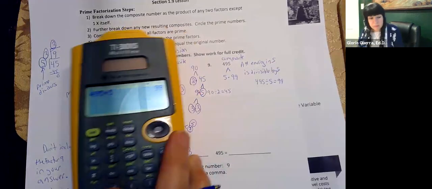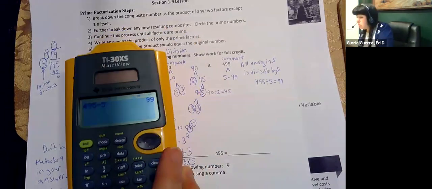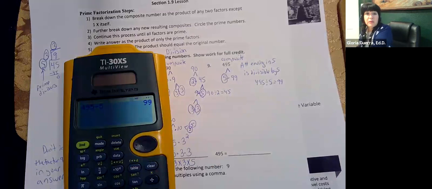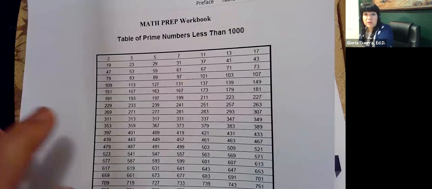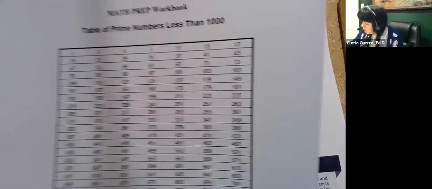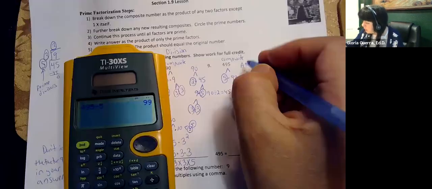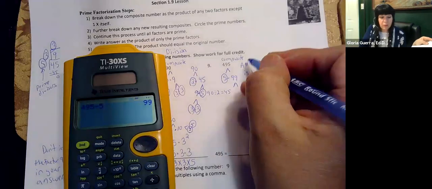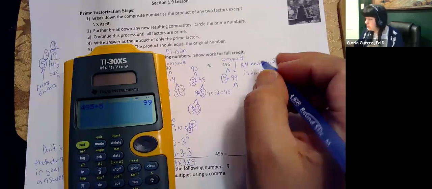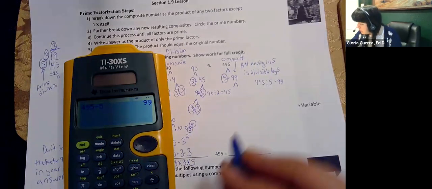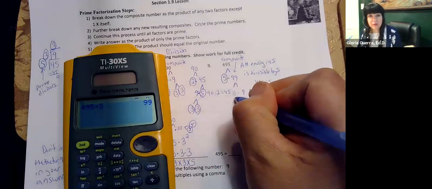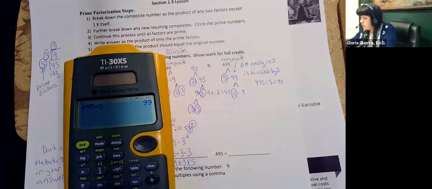5 is prime. You see 5 is on this sheet. 5 is prime, but 99 is not on here, see? 99 is composite. And when I think of 99, I think of 11 times 9. 11 times 9 is 99, and 11 is prime.